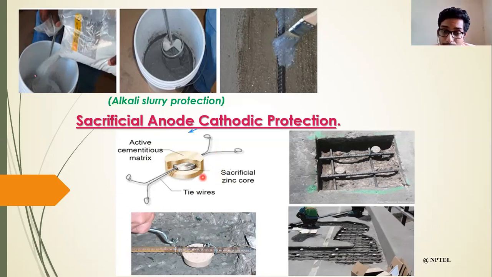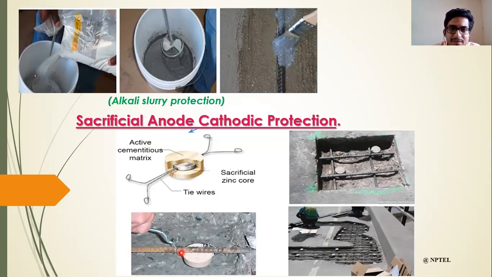Now, one more thing I want to mention here is, before installing these types of anodes, we have to make sure that the connection has been done properly. So before anode fixing, before doing any repair work, surface preparation. Please kindly notice this word, surface preparation. Surface preparation for any kind of repair work is very, very important to ensure a good quality of repair work.